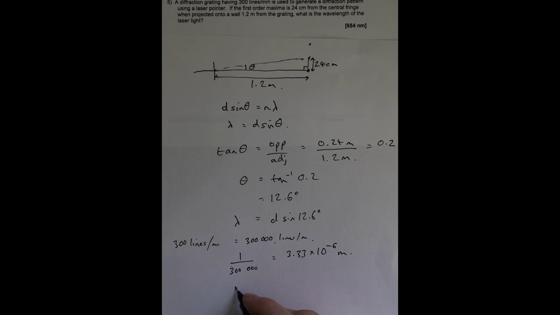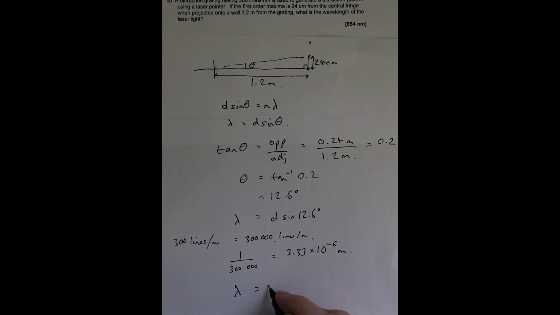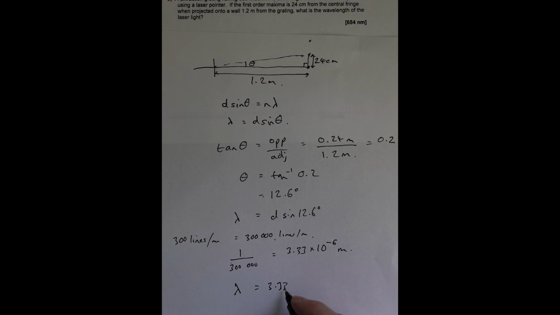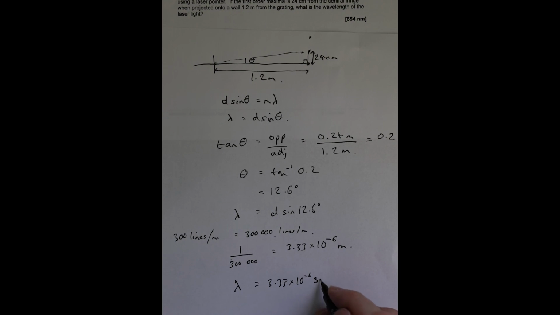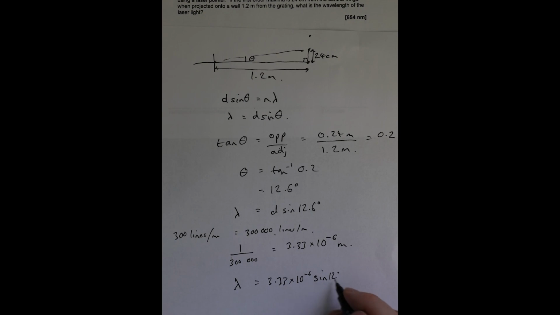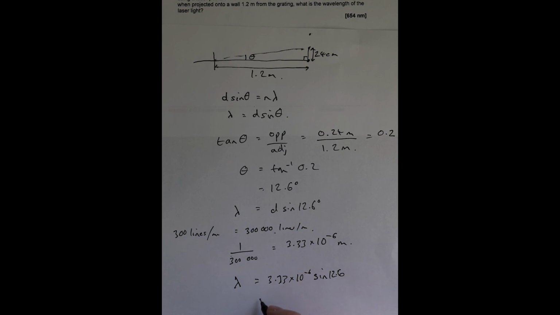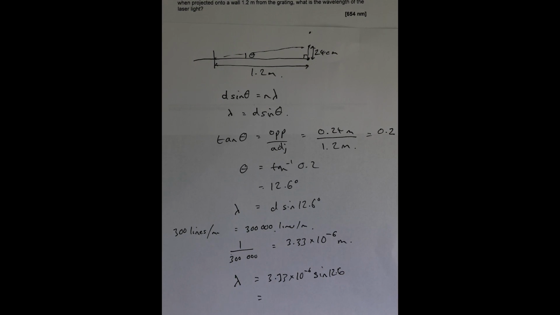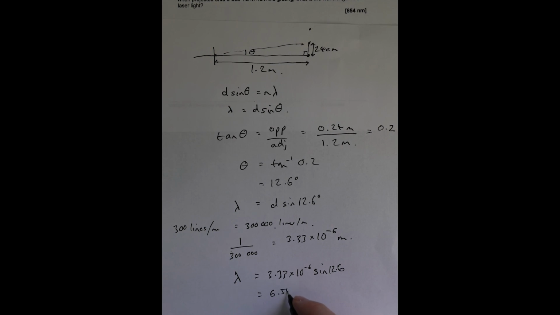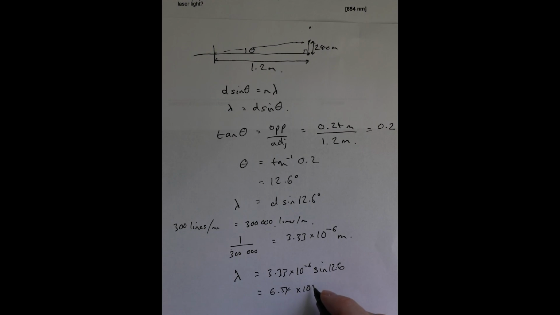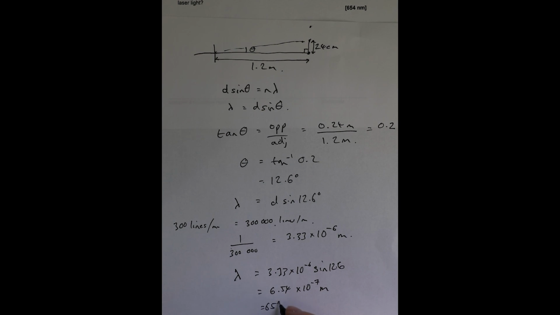So finally lambda is equal to 3.33 times 10 to the minus 6 times sine 12.6, and that's going to give us an answer of 6.54 times 10 to the minus 7 meters, which is 654 nanometers.